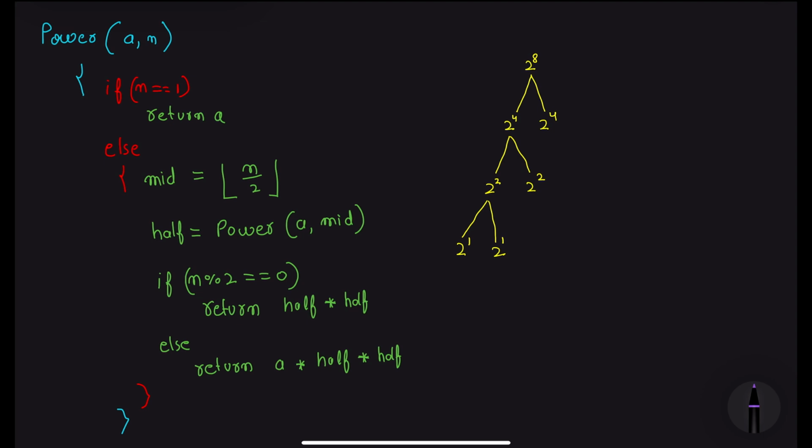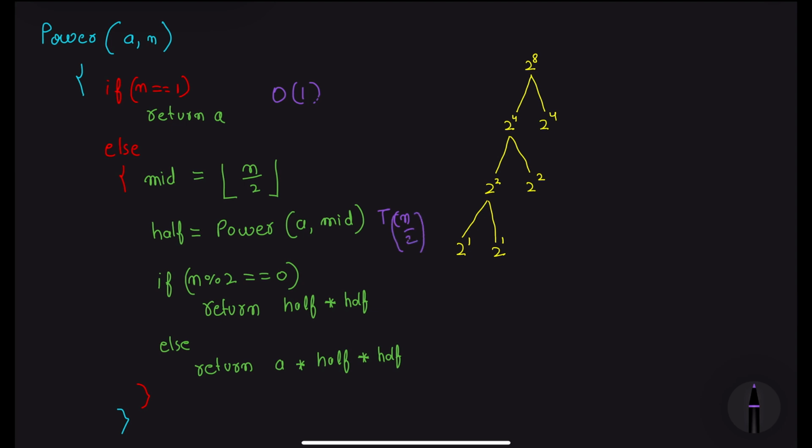Now let's see the time complexity. The if part will take only big O of one time because there is one comparison. In the else part, we are dividing it every time by 2, so this will become T of n by 2, and everything else will take big O of one time.